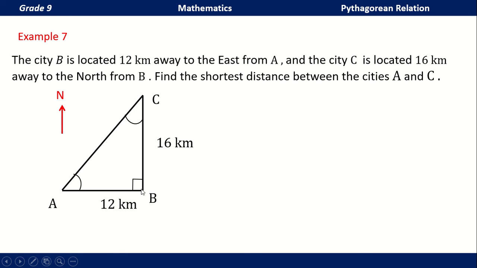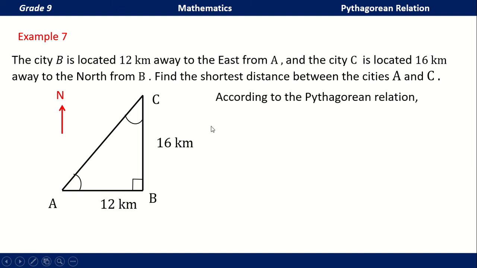And again, the city C is located 16 kilometers away to the north from B, right? Now I have marked all of this information here. You're asking the shortest distance. It means the AC distance here.